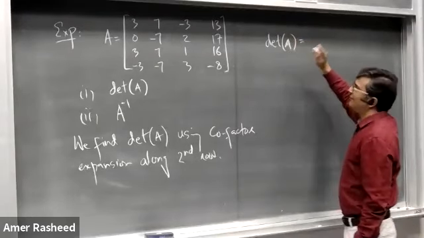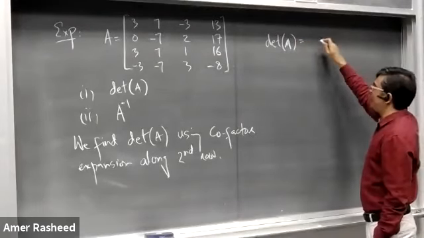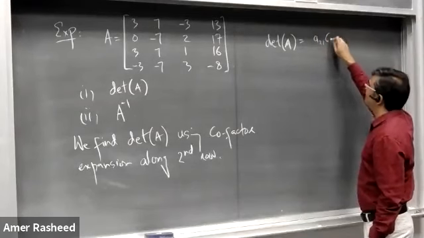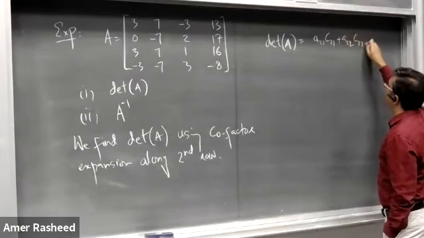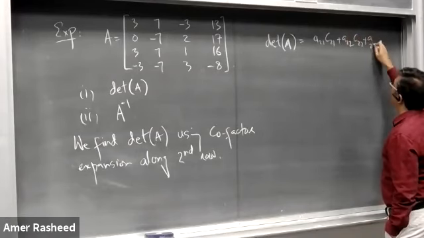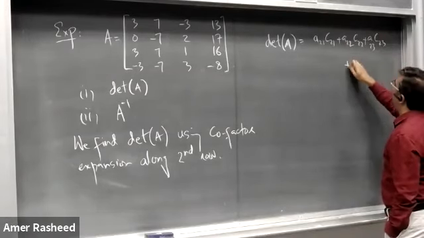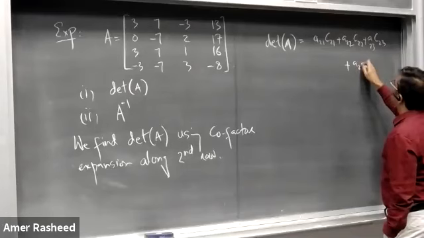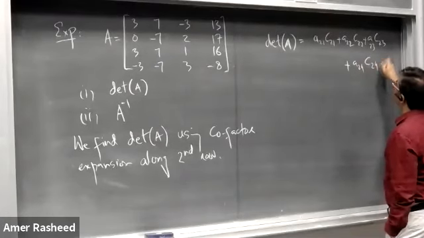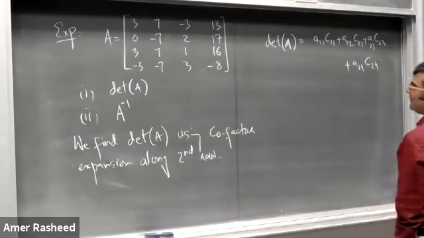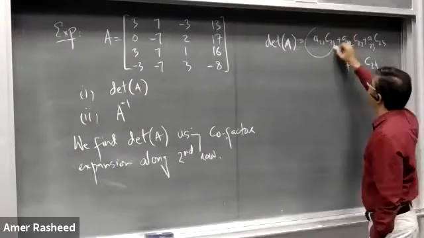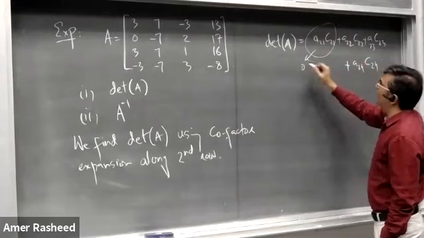It should be second row. Now remember, second row, A21, C21 plus A22, C22 plus A23, C23 plus A24, C24. Okay, this is the expansion. The first entry will be 0 because A21 is 0.